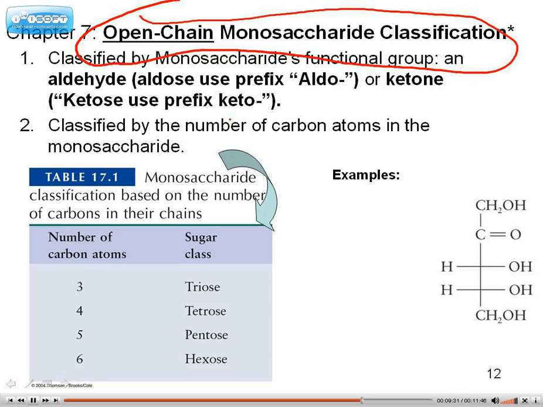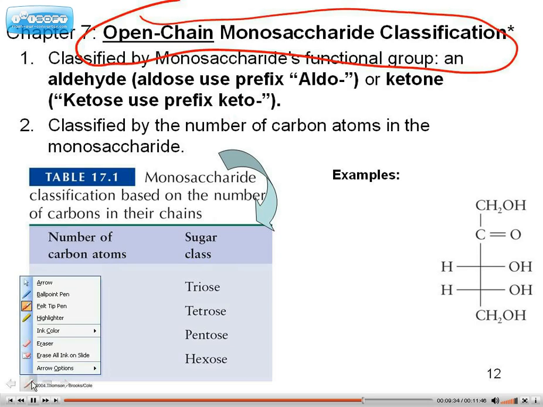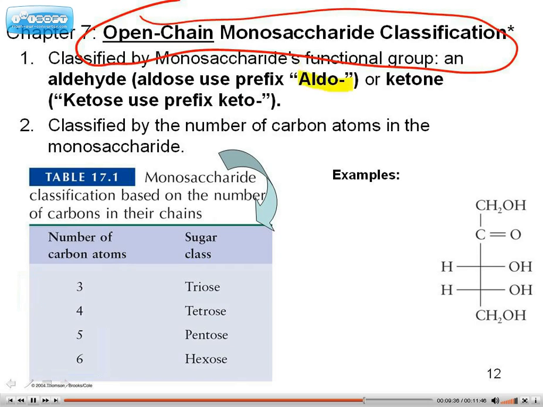The first part, which I'll highlight in yellow, is going to either be aldo or keto. Aldo makes reference to an aldehyde functional group. Keto makes reference to a ketone functional group.